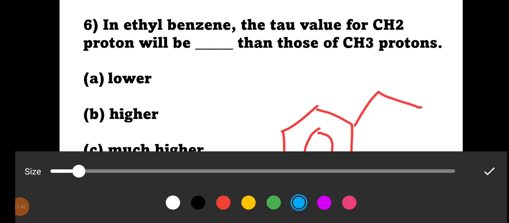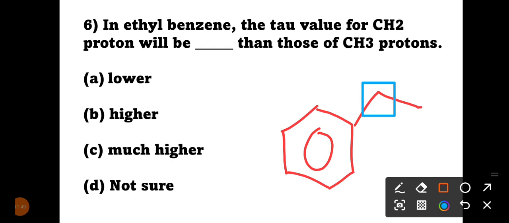Looking at the structure, the aromatic proton has sp2 hybridization, so it has the greatest delta value, then CH2 and then CH3. Both the carbons whose hydrogens we are considering are sp3 hybridized, while the aromatic one is sp2. But the CH2 is attached to a system like the aromatic ring, so the CH2 gives a higher delta value.